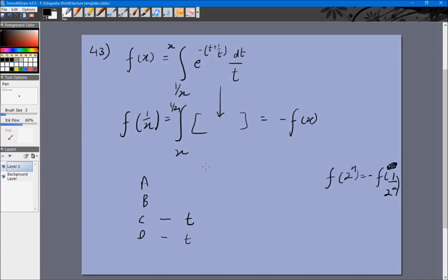Between A and B, to decide whether it's increasing or decreasing or both, we need to look at the derivative of fx, because we are asking whether fx is decreasing or increasing, right? So if this is fx, we know how to take f dash x. It will be the term within the integral multiplied by the derivatives of the limits, right?